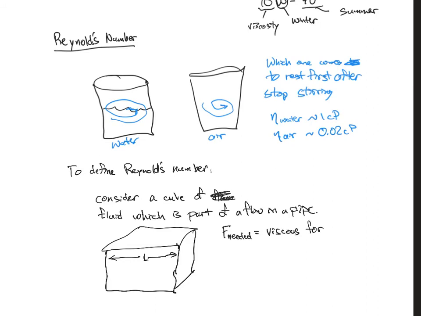So this is part of a flow, right? So it's moving with some velocity v like this. F needed is the viscous force needed to stop the cube as it moves through a distance equal to that edge length, through a distance L.